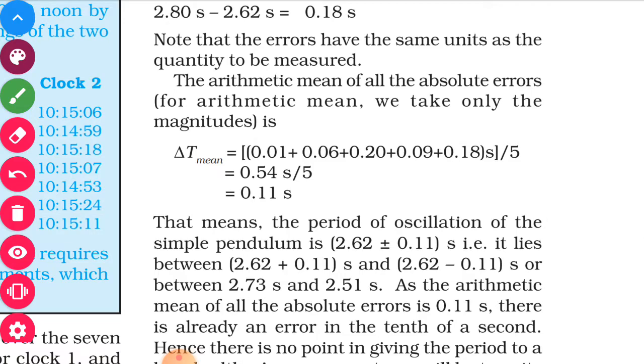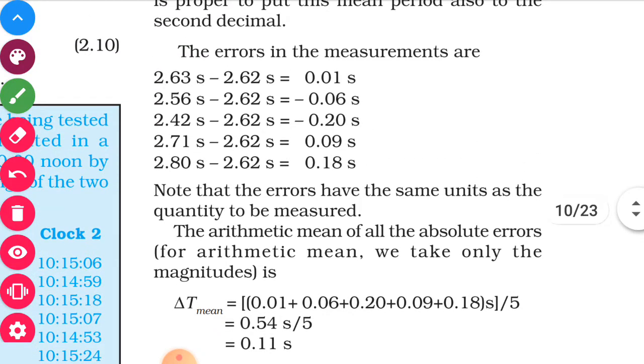Okay, we have to write their values only; we have to consider the magnitude. So you can see here all these minus values are also taken as plus values. Okay, 0.06 is taken positive, then minus 0.2, okay, minus 0.2 is also taken as a positive value.